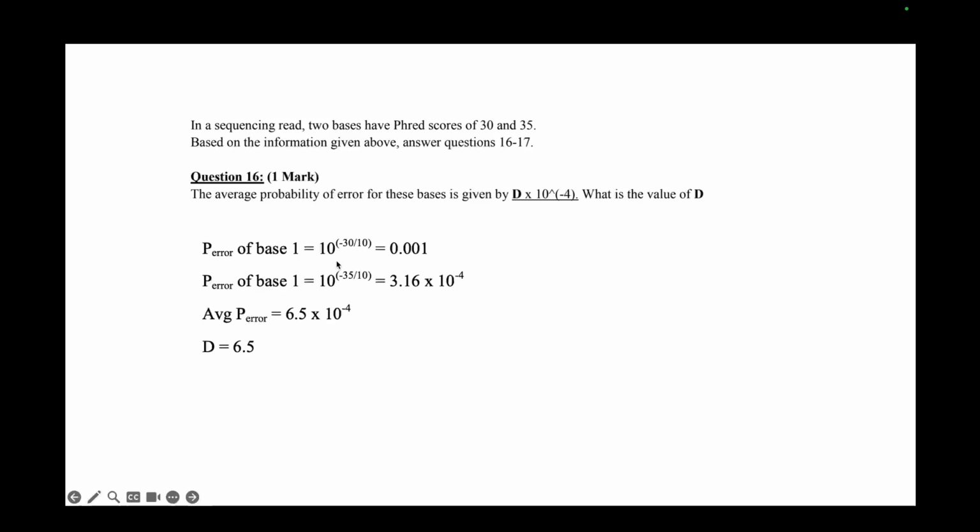So if you calculate the probability of error of base 1 using value 30, it comes to 0.001. If you calculate it using 35, it comes to 3.16 times 10 to the power minus 4. You take an average of this, and it comes to 6.5 times 10 to the power minus 4, which is basically the value of d, which is 6.5. It's quite straightforward.